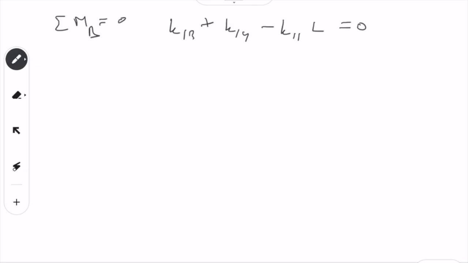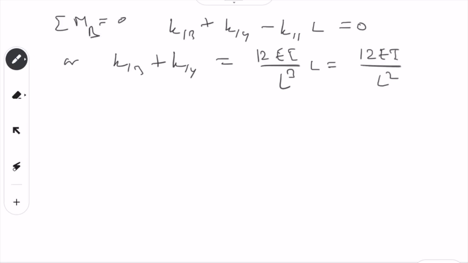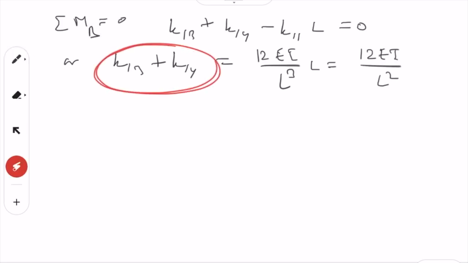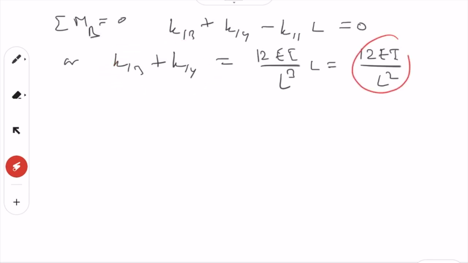So what we get: K13 plus K14 is equal to K11 times L, and that means 12 EI over L cube multiplied by L, hence this will be 12 EI over L square. Now we could not get the exact values of these. We know that the summation of these two equals this one, but we could not get the exact value from here.